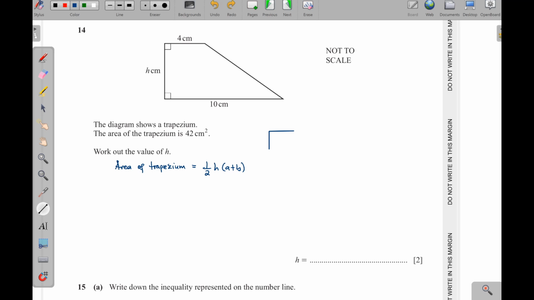So this one here, and I also have this one here. I want to show you where exactly a half is coming from. So I'm going to have this as the h, the height. Maybe this is a, this is b.